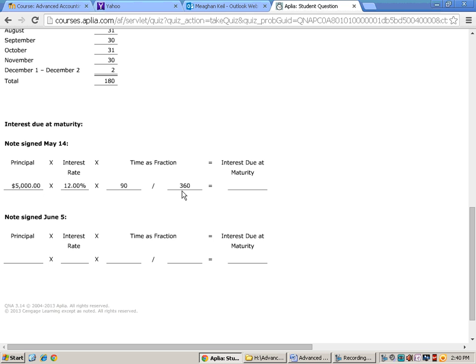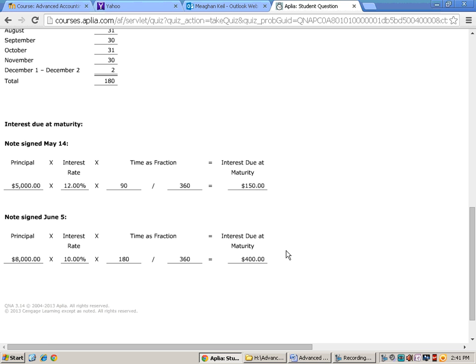When we do this calculation, the interest due at maturity is going to be $150. Okay, so $8,000 we borrowed on June 5th at the rate of 10% for 180 days. When we go through and do all the calculations, we're going to end up paying $400 in interest.